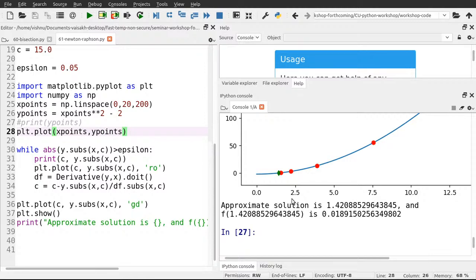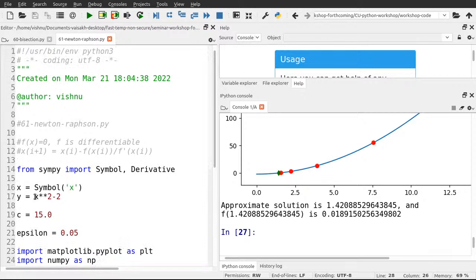Of course, instead of this polynomial function, we can try to do it with the exponential function or any other function. The program is exactly the same. For example, suppose that we import exponential, and suppose we define exponential of x square.